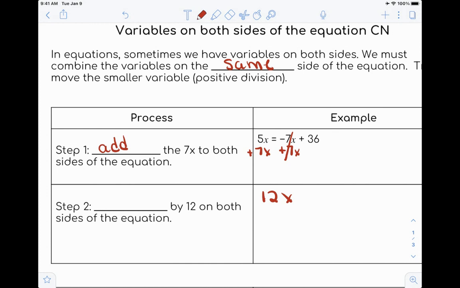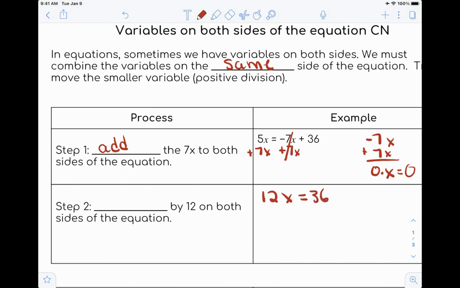And then on the right-hand side of the equation, -7x and 7x are 0. So remember, -7 and 7 make a 0x, and 0 times x equals 0. So we have 12x equals 36.